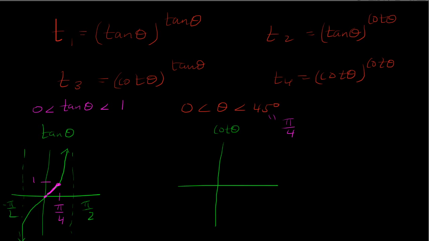Cotangent, on the other hand, the period is from 0, and then the next period ends at pi. The midpoint here is pi over 2. Actually, it should be the other way around. So cotangent is a decreasing function in each of its periods. So something like this. And then halfway is pi over 4, which again happens to be 1.